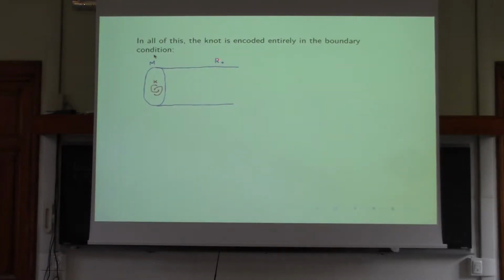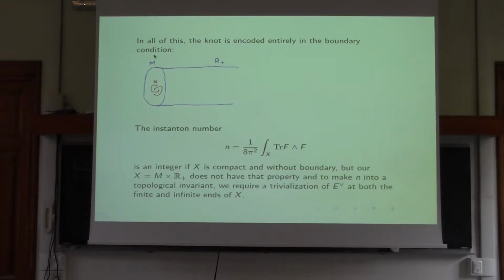In all of this, as I keep telling you, the knot is encoded entirely in the boundary condition. The instanton number was defined so that it's an integer if X is compact and without boundary, but our four-manifold doesn't have this property, and to make n into a topological invariant, we require trivialization at both the finite and infinite ends.